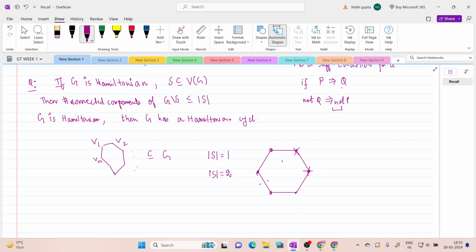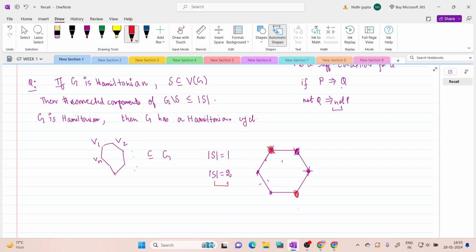One. And if I am not removing adjacent vertices, then there are two connected components. So if we are removing two vertices, the number of connected components is less than or equal to 2. Similarly, you can generalize. If you are removing three vertices, you are making at most 3 cuts.